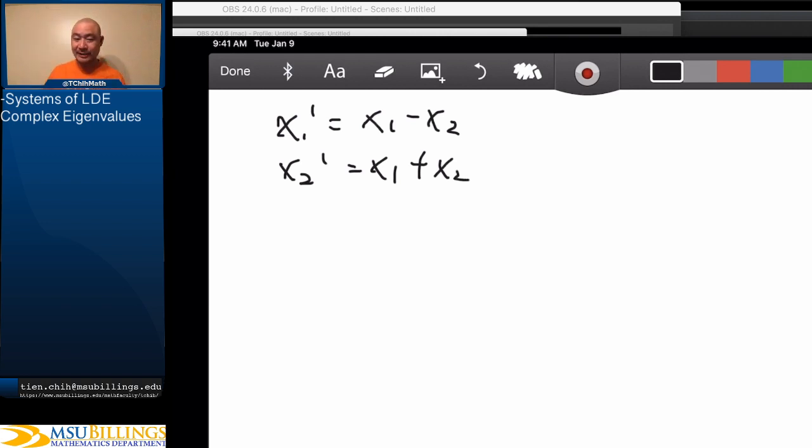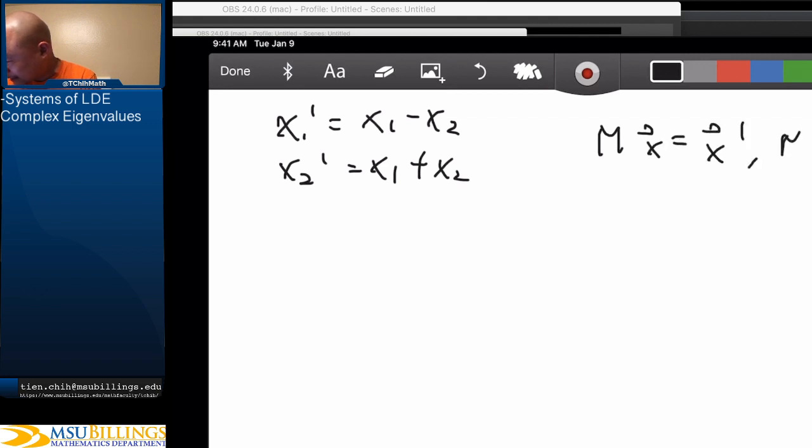If we set things up this way, what you end up with is a linear system expressible as M times the vector x is x prime, where M is the matrix 1, negative 1, 1, 1.